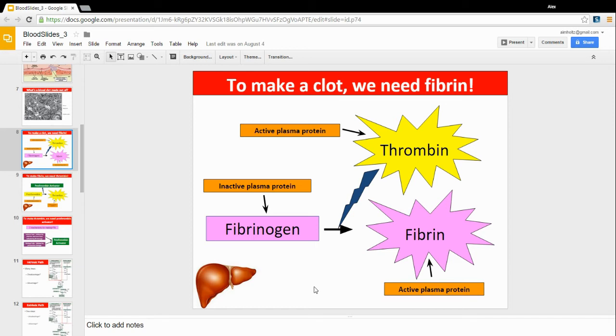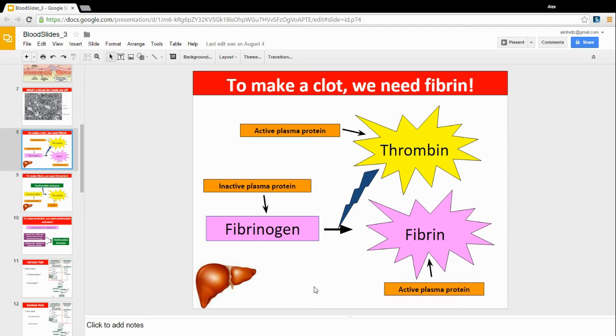Remember, we always have fibrinogen in the blood, made by the liver, waiting to get turned on. Fibrin then forms a net, a mesh, and traps formed elements and forms a clot. So to make a clot, we need fibrin. To make fibrin, we convert fibrinogen. And that conversion is done by thrombin.